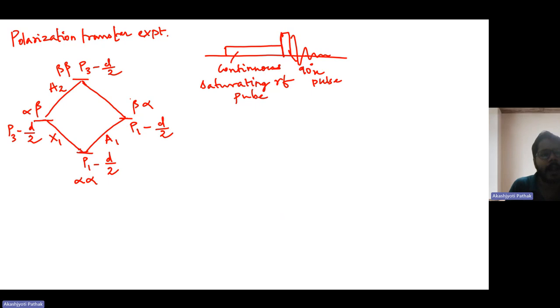And if we see beta alpha to beta beta, then the alpha spin state of the X nucleus is changing from alpha to beta. So this will be denoted by X2.